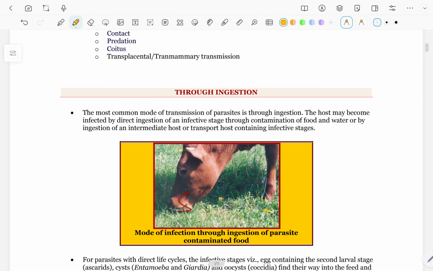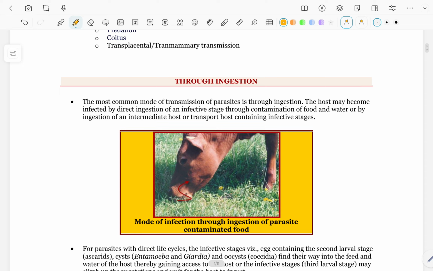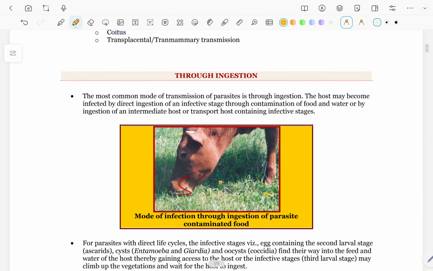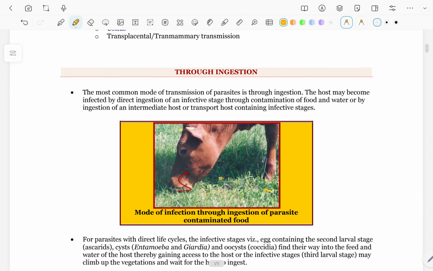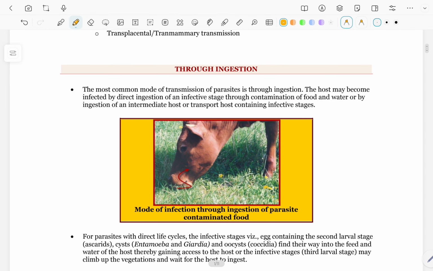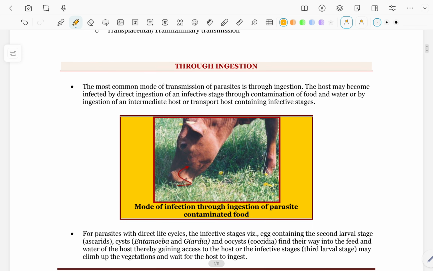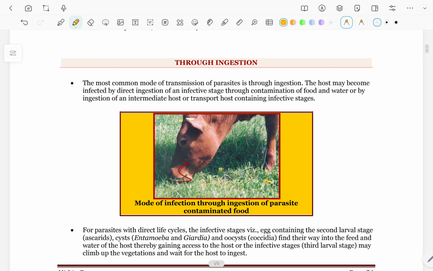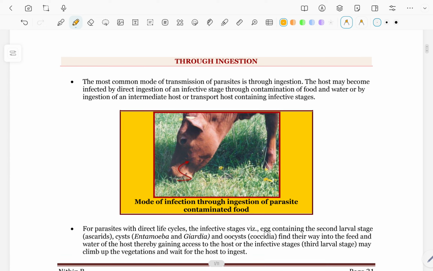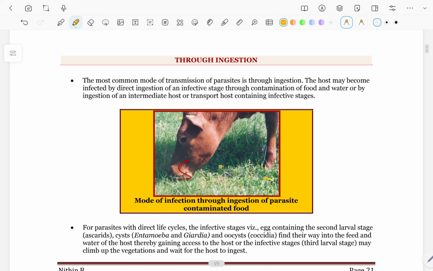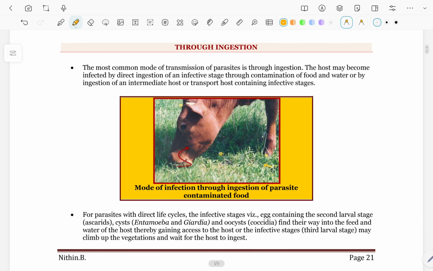The most common mode of transmission of parasites is through ingestion. The host may become infected by direct ingestion of an infective stage through contamination of food and water, or by ingestion of an intermediate host or transport host containing the infective stage.